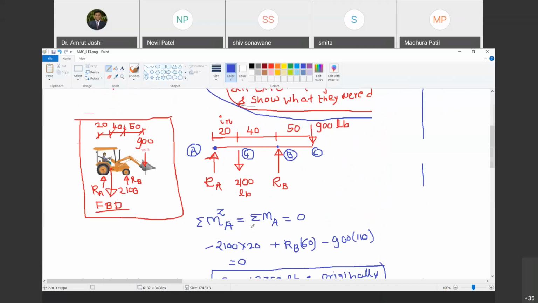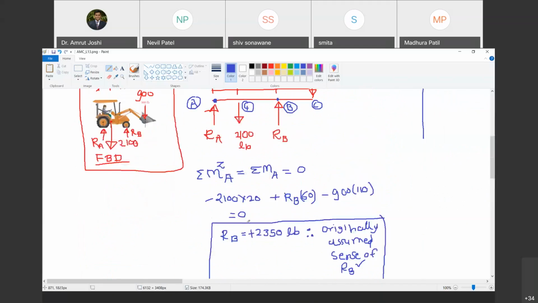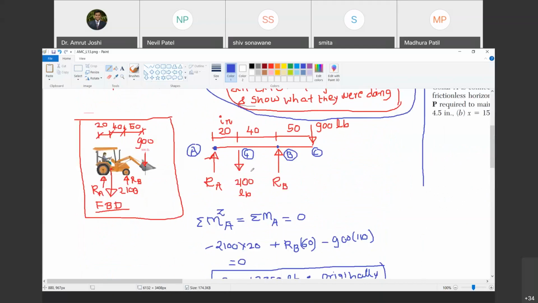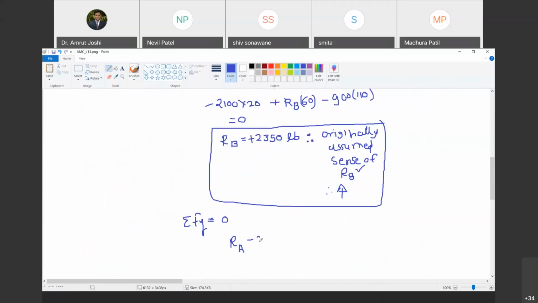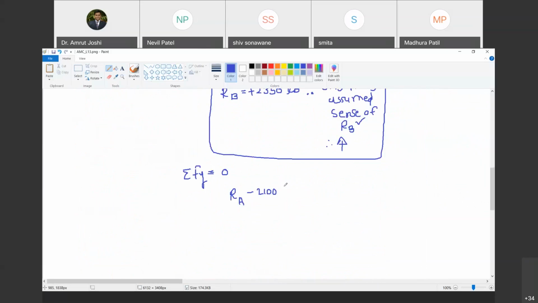Do you agree with me? Yes, sir. And how does that go? RA, that is plus RA, because it is in positive y direction. This is the sign convention now for applying the equation. RA minus 2100. Do you agree with me? Yes, sir. Plus RB, because I assumed RB to be upward and it has turned out to be upward.